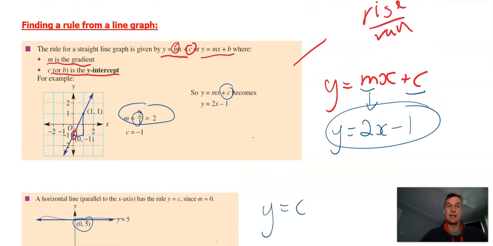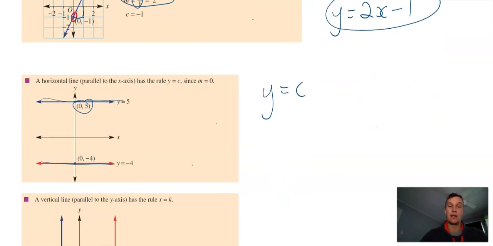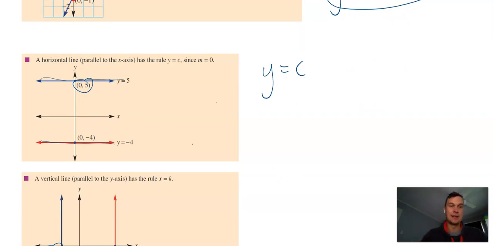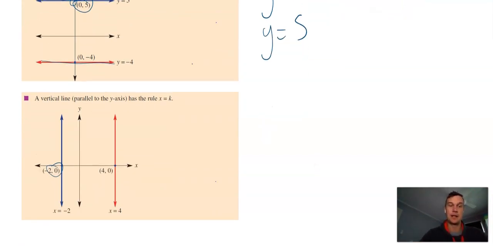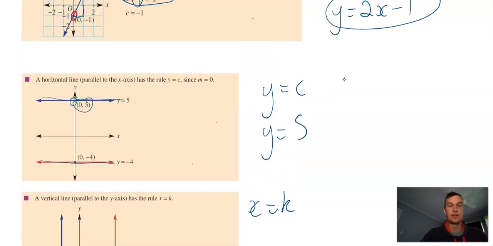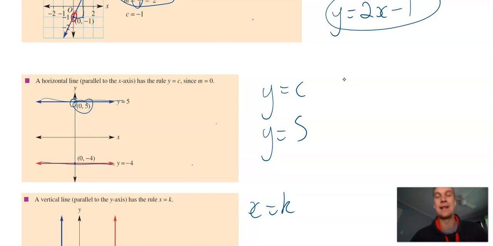Remember c means our y-intercept, so you just need to find the y-intercept. The rule here is y equals 5, because y always stays the same. The same applies for vertical lines, where the rule is x equals k. We're finding x because x will always stay the same. It's just the point of the x-intercept. So in these cases, x equals 4 and x equals -2, and in these, y equals -4 and y equals 5.